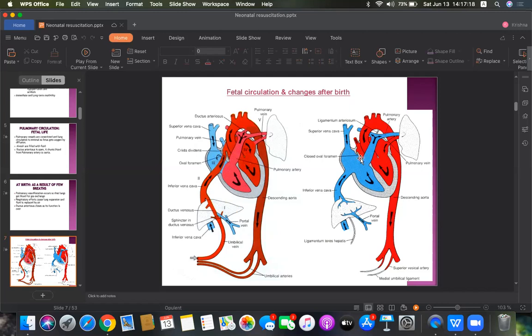After birth, it is also closed. And the third important structure is the ductus arteriosus, which is present right here between the pulmonary artery and the aorta. After birth, it will close physiologically in the beginning, and later on it changes into the ligamentum arteriosum. So this is very important knowledge for all of you.